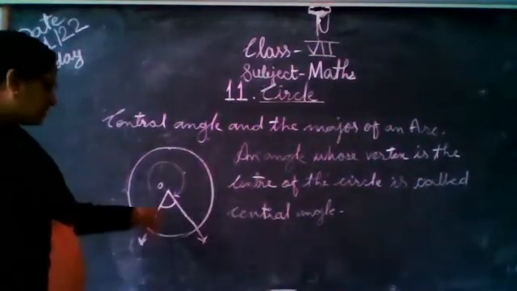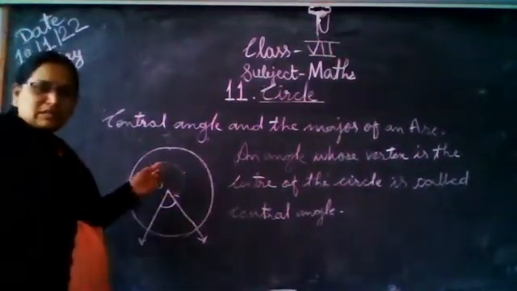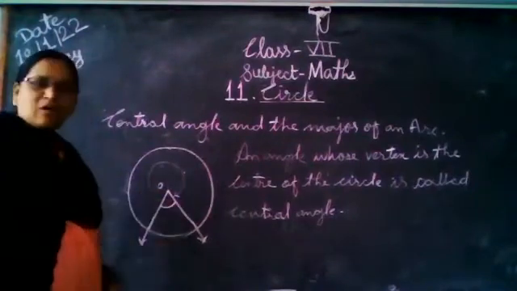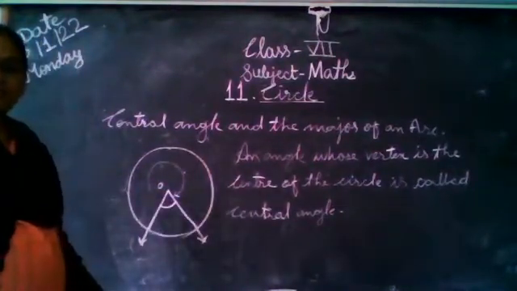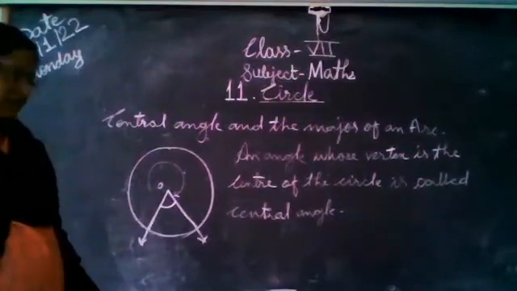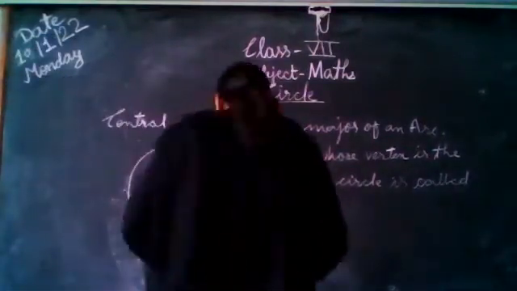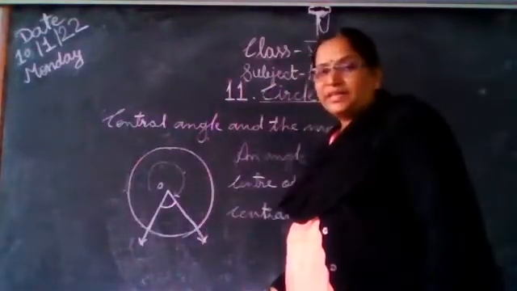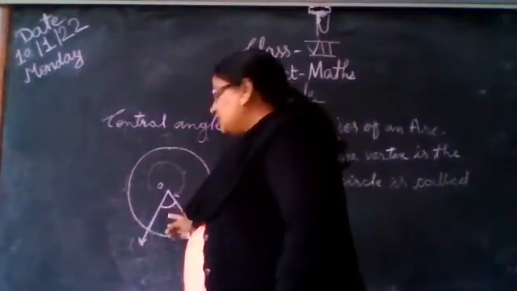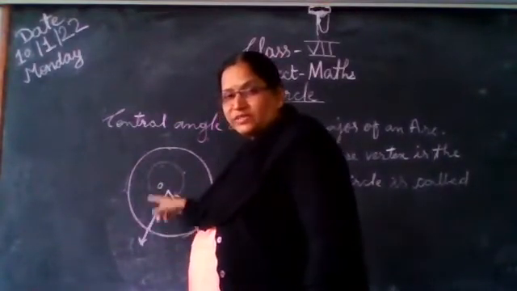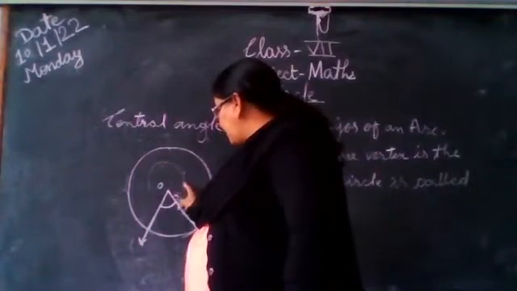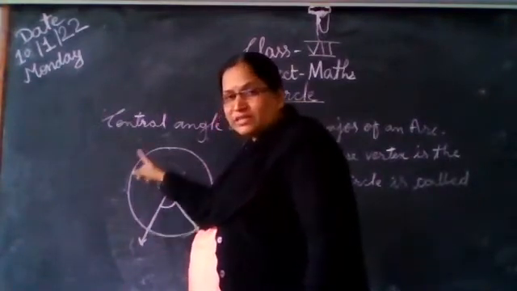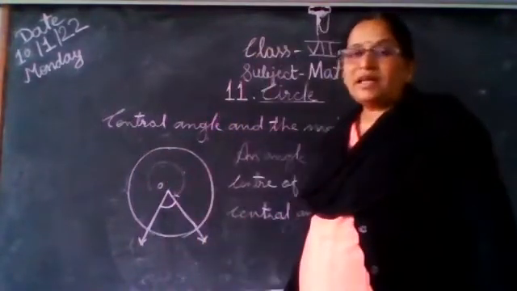And the total sum of this circle is what? 360 degree. The measure of the circle is 360 degree, and if you subtract this measure from the 360, you will get the measure of this angle and also the measure of the major arc.